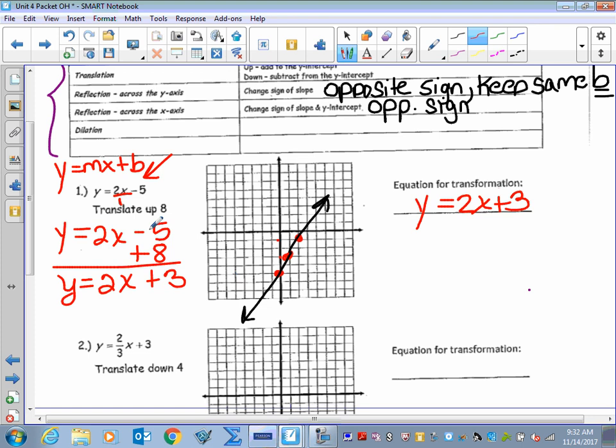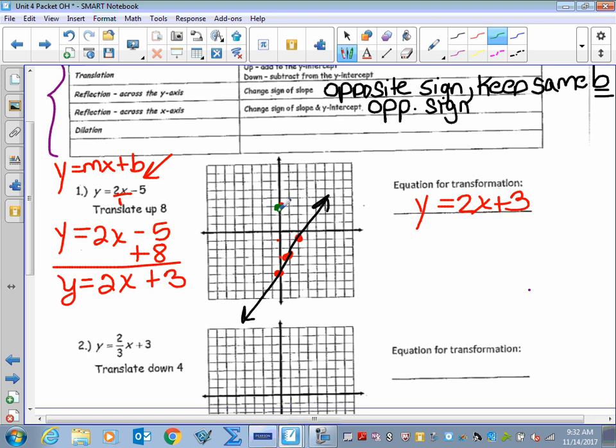Okay, because all you do is, since it says I'm translating up, that means you're adding to the y-intercept. Now you could also start at negative 5 right here and just count up 8. 1, 2, 3, 4, 5, 6, 7, 8. And sure enough, I do end up right at positive 3 on the y.